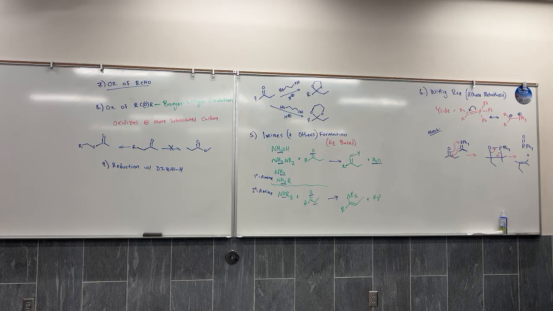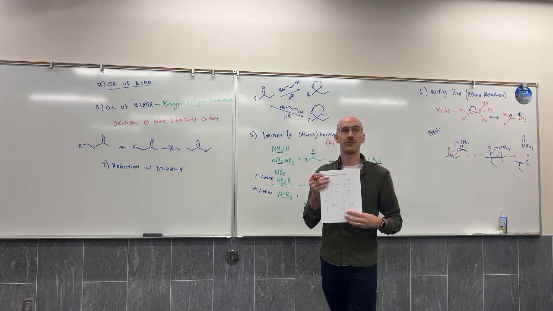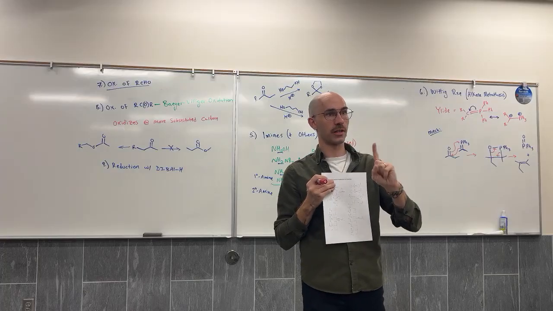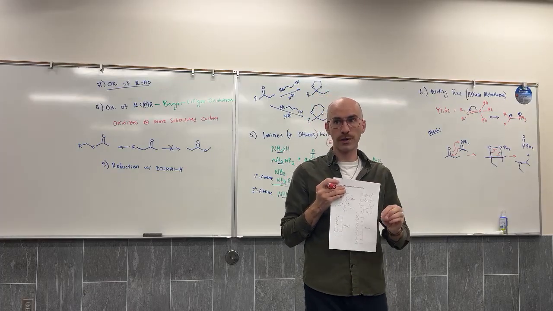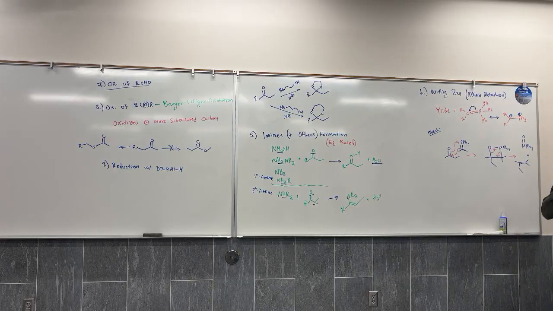Because on the front side, we used DIBAL to create an aldehyde and ketone by doing a one-step reduction, just a partial reduction of those highly oxidized carboxylic acid and derivatives. However, here, we are not making an aldehyde. Because when you start with an aldehyde and reduce it with DIBAL, you still do a one-step reduction.